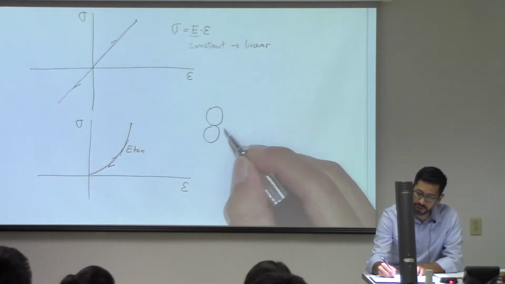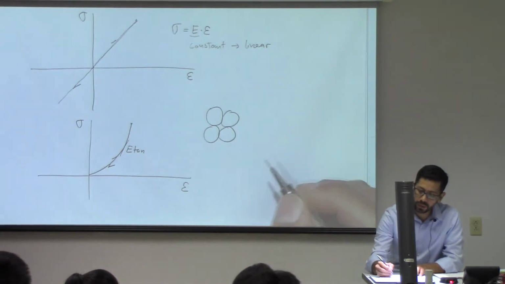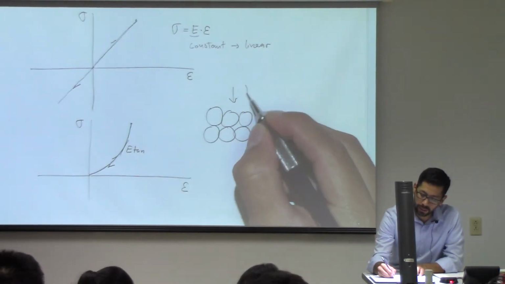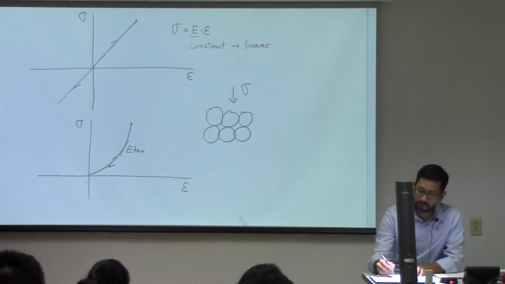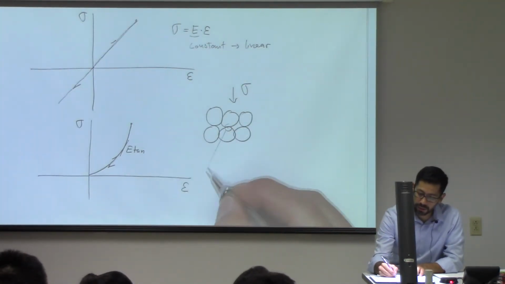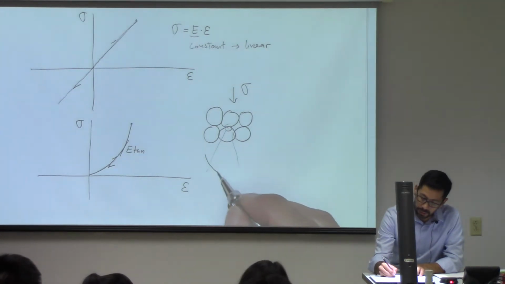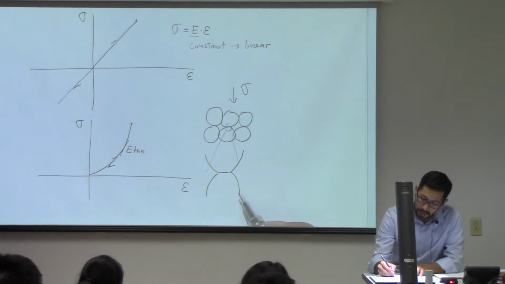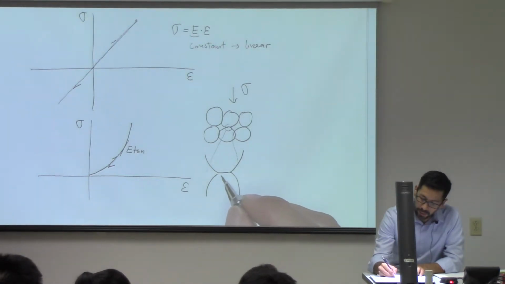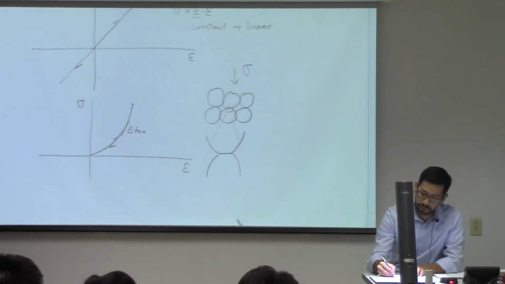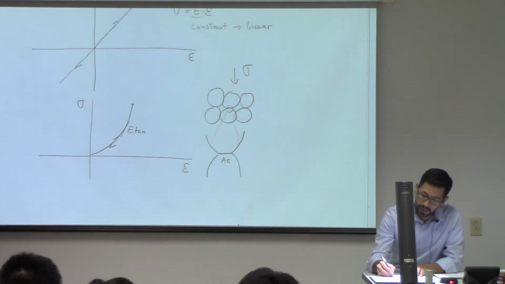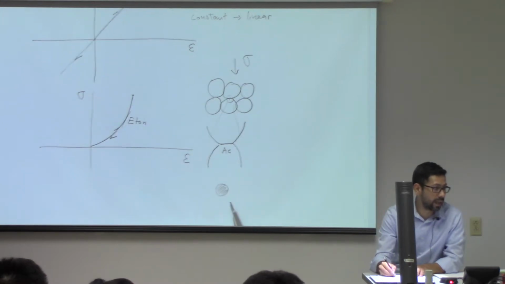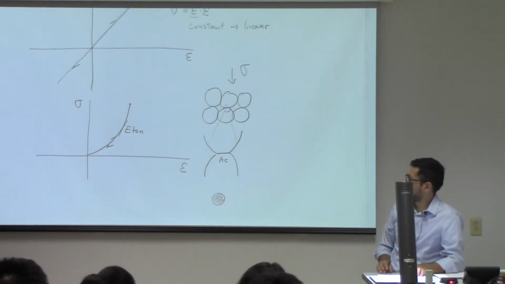Examples of that are, for example, granular media. In granular media, as you start to apply more stress, if you were to zoom in here at the contacts of the grains, you will see that the area of the contact, if I plot it as a cross section, is proportional to the stress you apply.